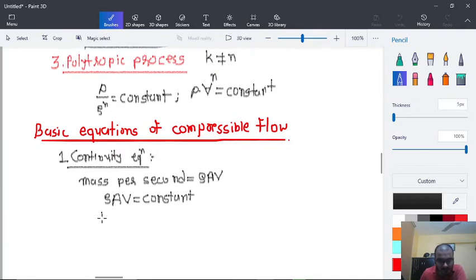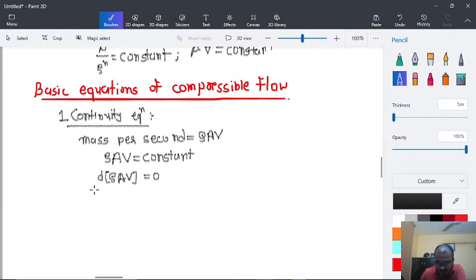So the differentiation of this will be 0 because the quantity is constant. So here let's keep rho outside into d(AV) plus AV into d rho equal to 0.